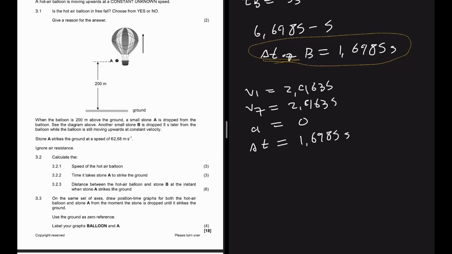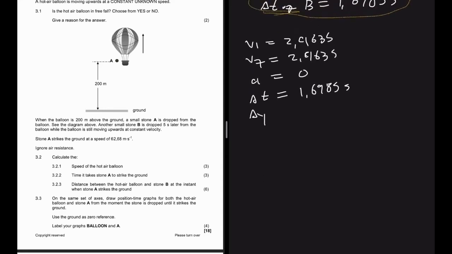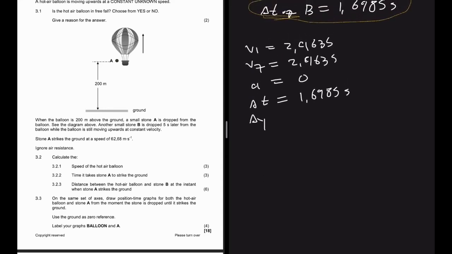And what we are interested in finding is delta y. So which equation can we use to find delta y? I think we can use quite a few. So we can use delta y equals vi delta t plus 1 over 2 a delta t squared. We know that the acceleration is equal to 0, so this part of the equation is gonna fall off.